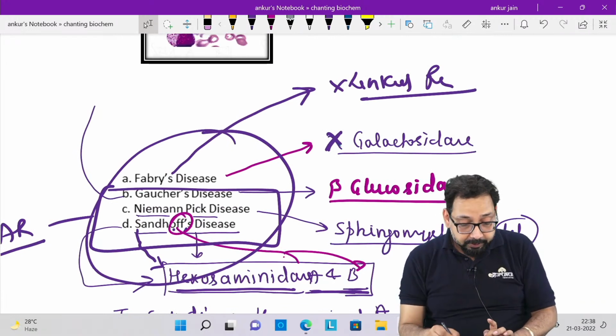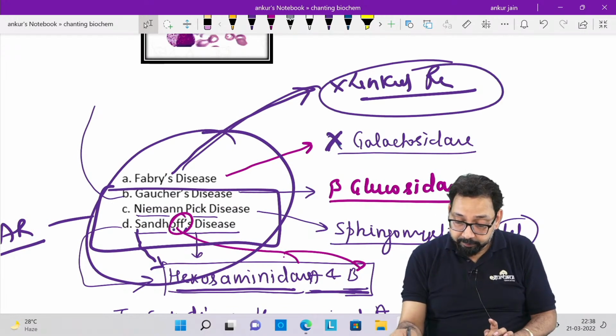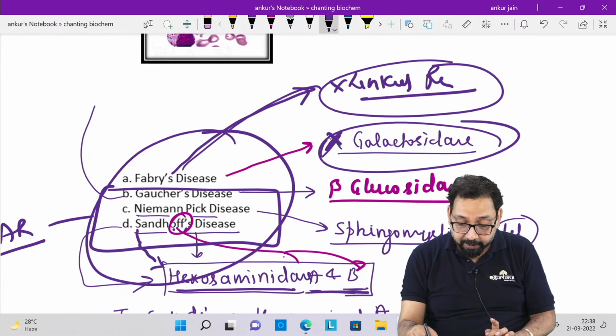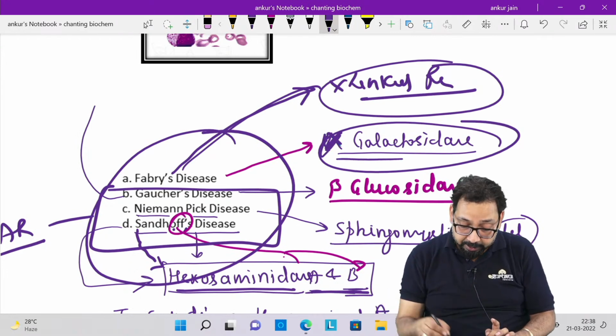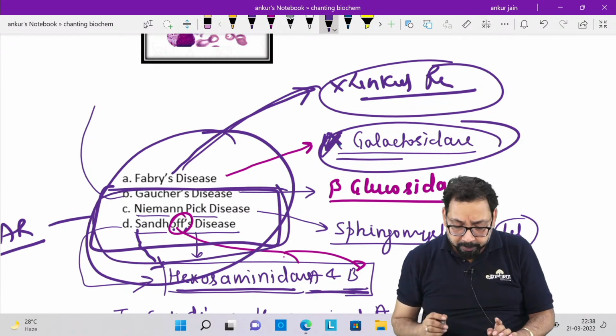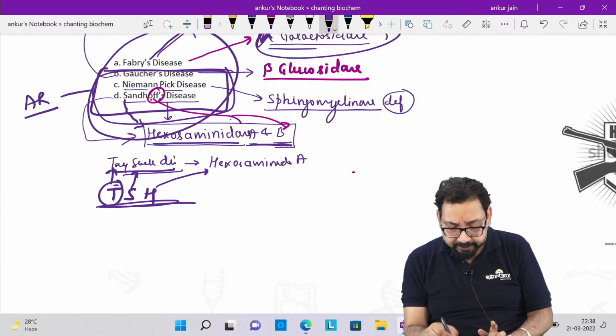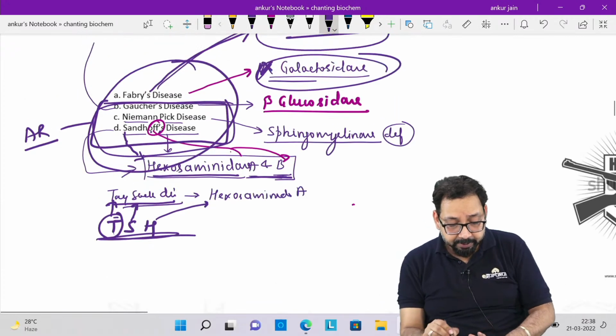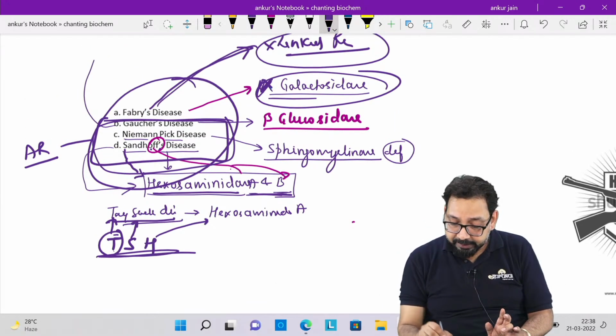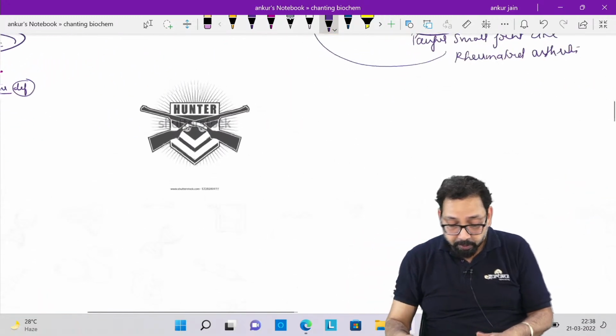Fabry's disease, X-linked recessive, alpha galactosidase. We cut the alpha and put an X, the rest are autosomal recessive. Mnemonic TSH: Tay-Sachs disease, hexosaminidase A. Sandhoff, hexosaminidase A and B. Niemann-Pick, sphingomyelinase is deficient. Okay.